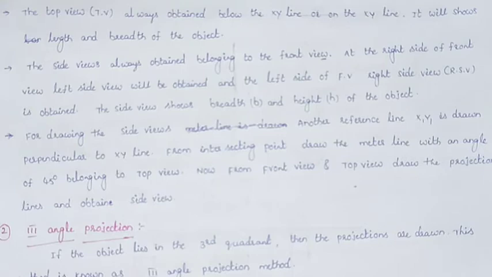For drawing the side views in the first angle projection, we will draw another reference line X1 Y1, which is perpendicular to the reference line XY. From the intersecting point of XY and X1 Y1, we will draw the miter line with an angle of 45 degrees in the direction of the top view.